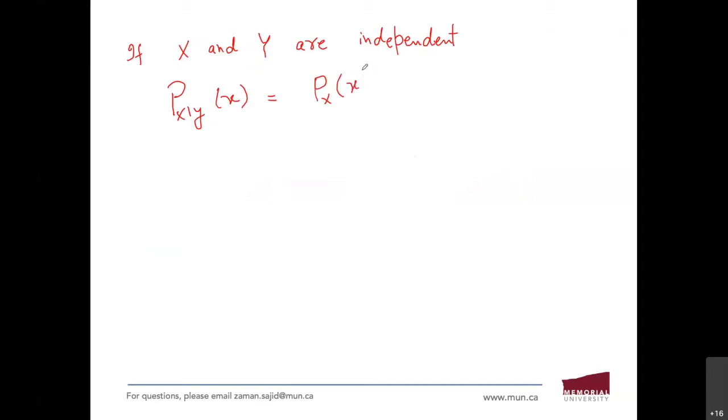This is what I mentioned in my previous slide. So x and y should be independent, and this is the marginal probability.